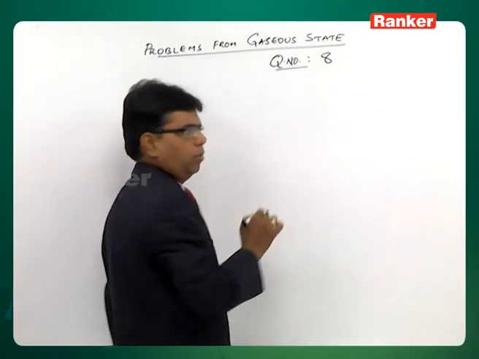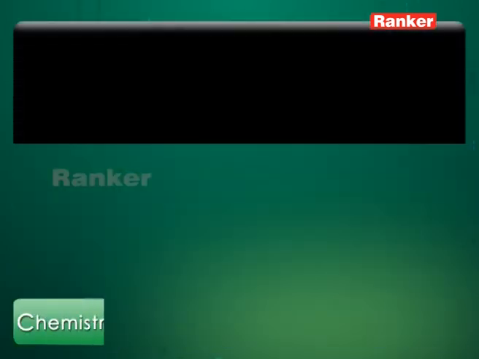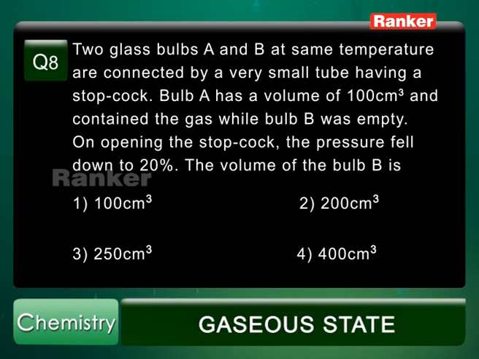Now, let us go to question number 8. It says 2 glass tubes A and B at the same temperature are connected by a very small tube having a stopcock. Bulb A has a volume of 100 cc and contains a gas, while B is empty. On opening the stopcock, the pressure fell down to 20%. The volume of the bulb B is?